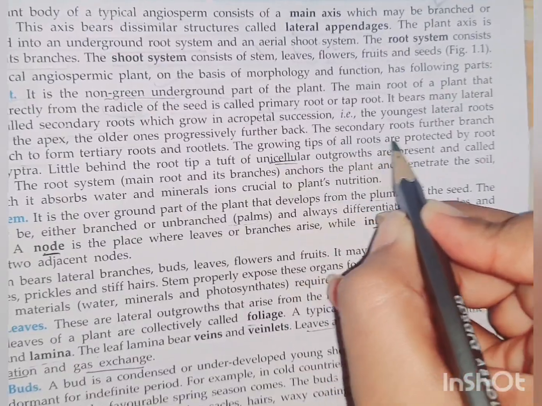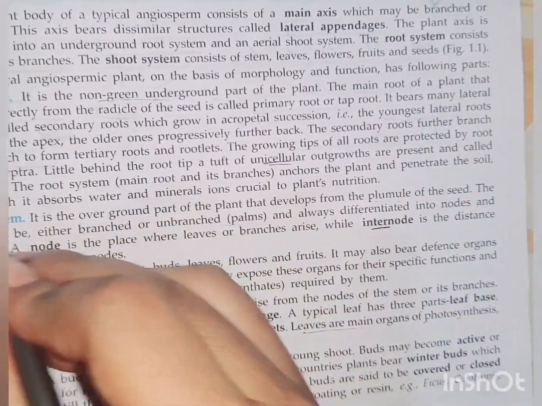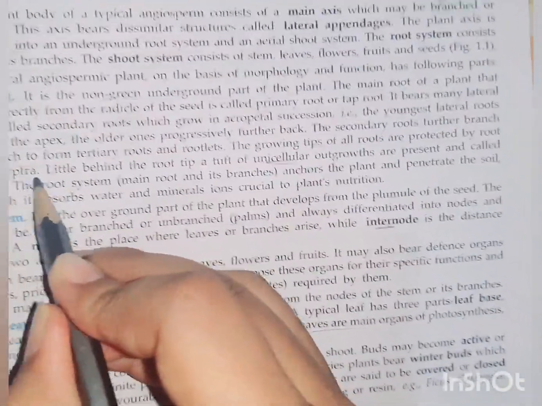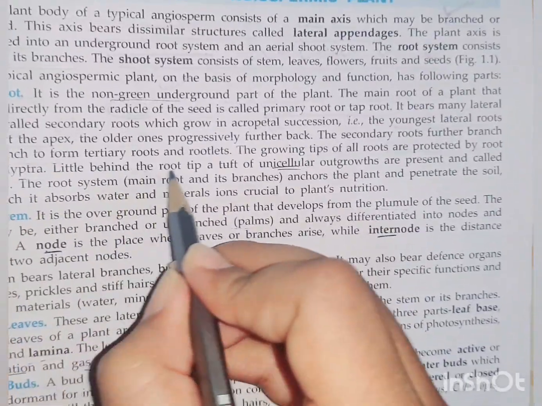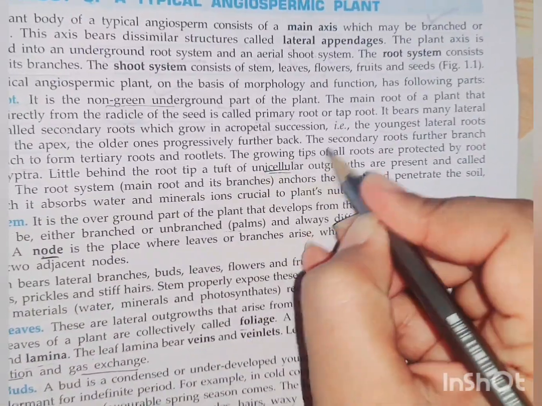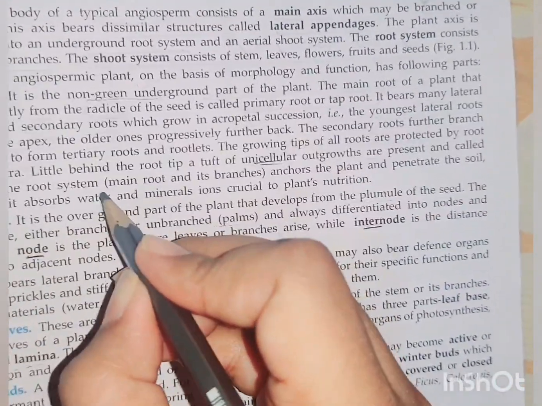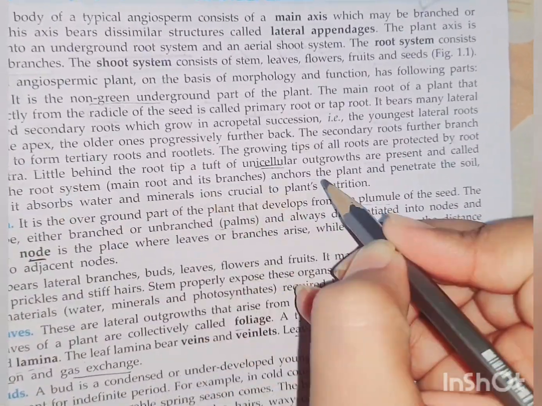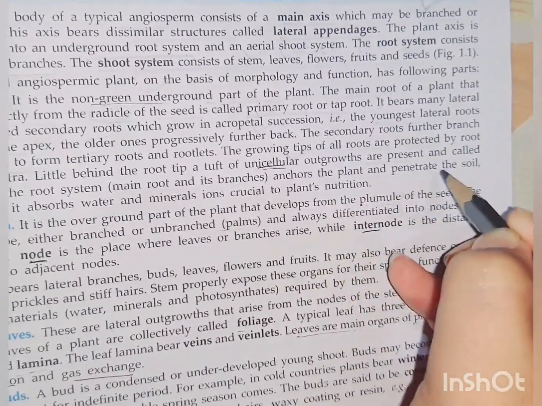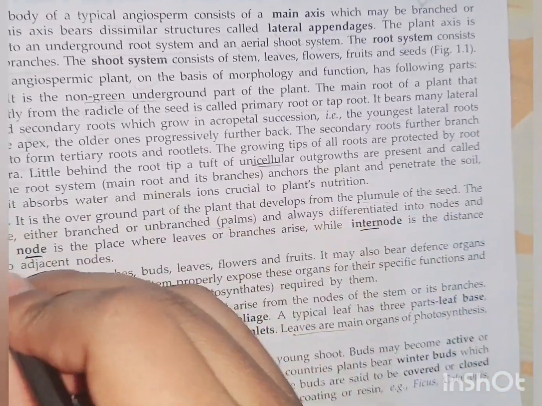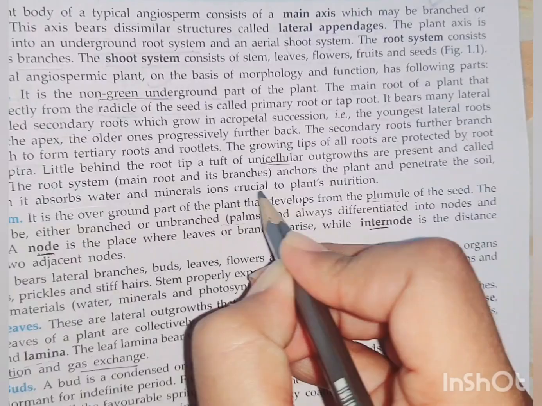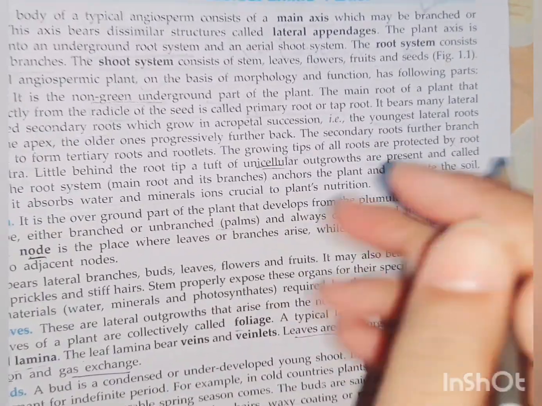The growing tip of all roots is protected by root cap or calyptra. Little behind the root tip, a tuft of unicellular outgrowths are present called root hairs. Root system or main root and its branches anchors the plant and penetrates the soil from which it absorbs water and mineral ions crucial to the plant nutrition.